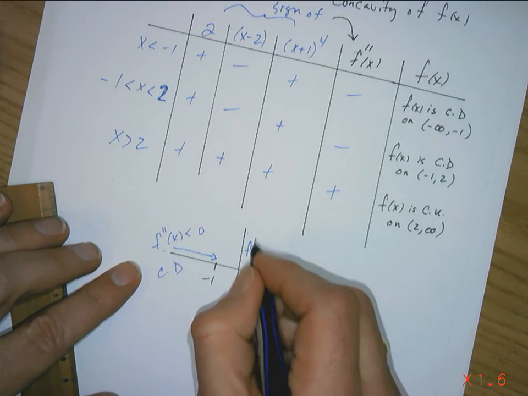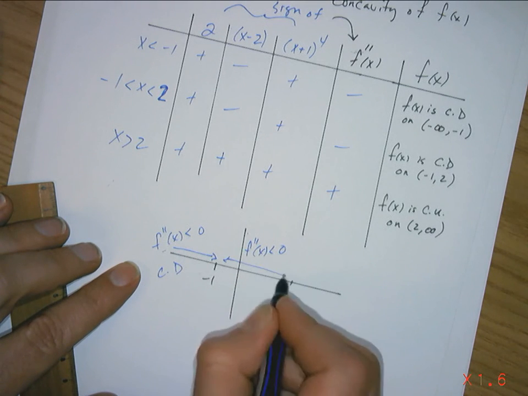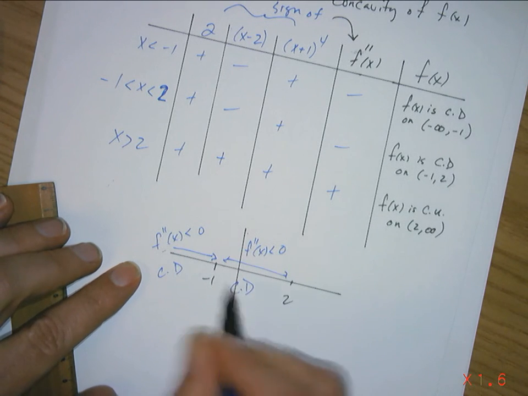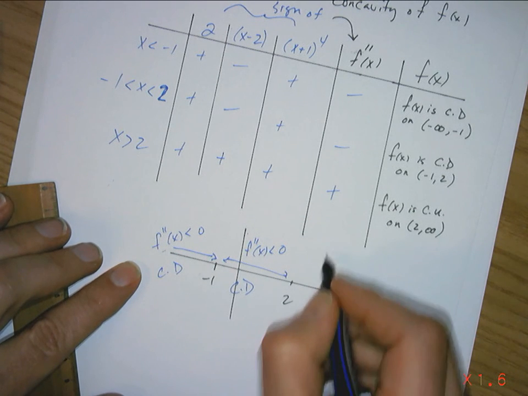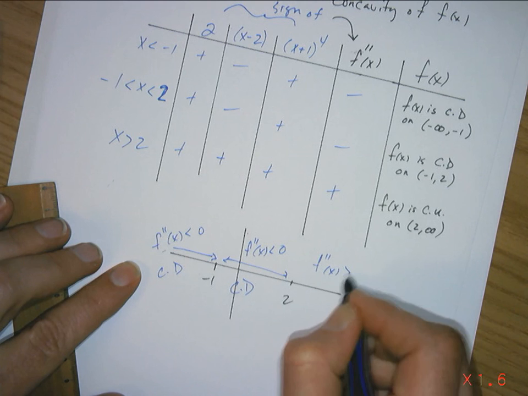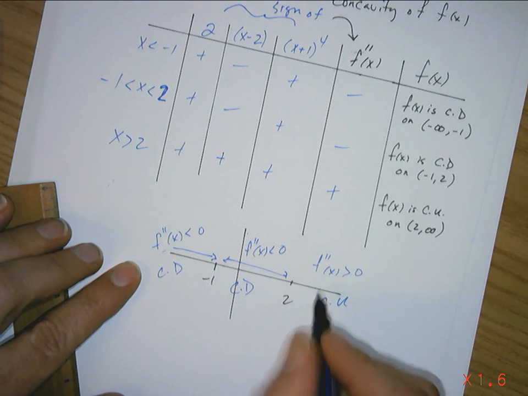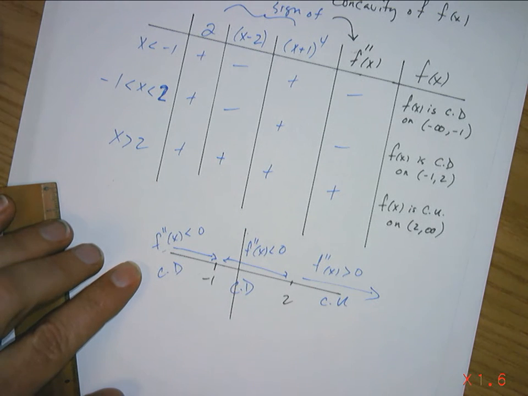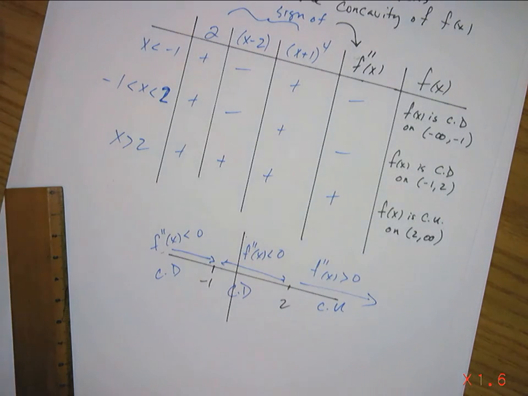And f double prime of x is less than 0 in here, which means it's also going to be concave down. So it had a chance to change, but it's not going to. And from here, f double prime of x is in fact greater than 0. So it's going to be concave up from here on. That's what we know. All right, we're going to stop here, and then we'll put it all together.